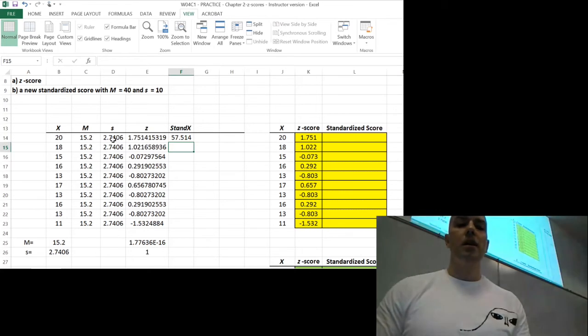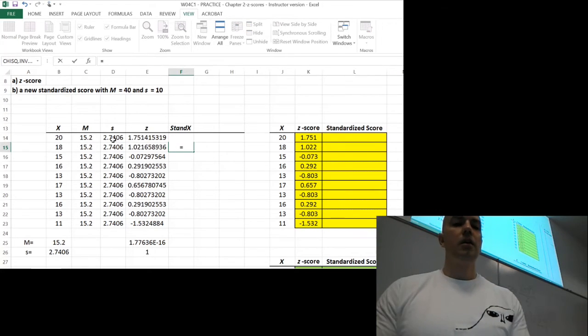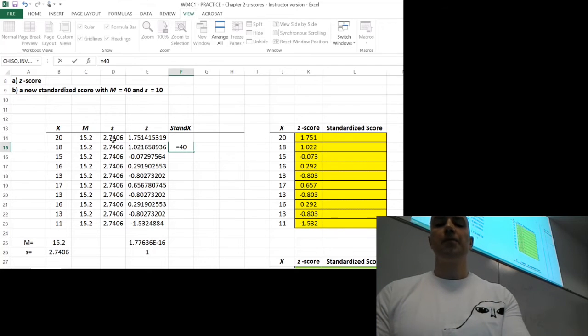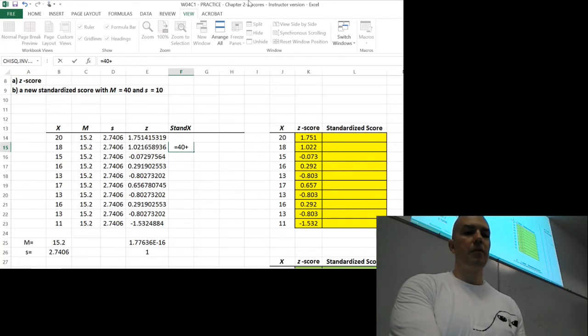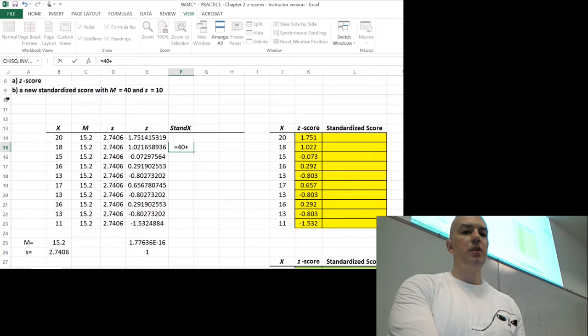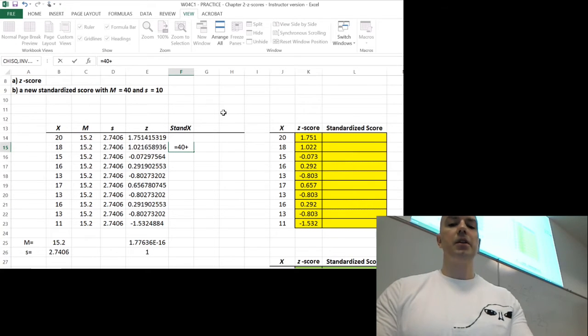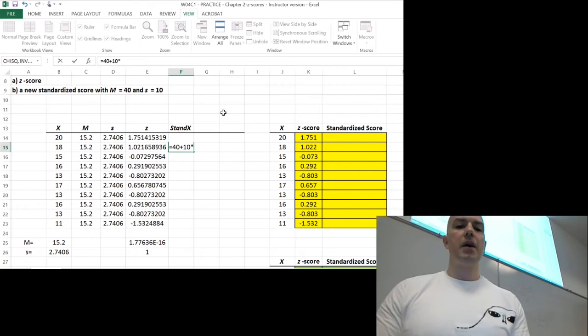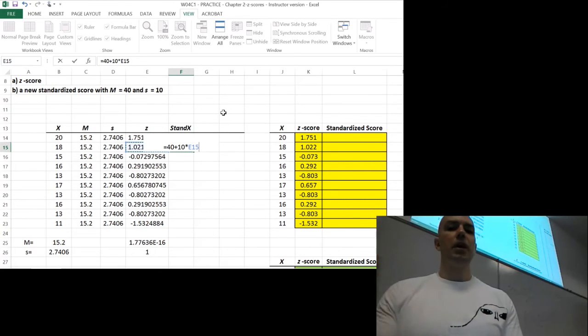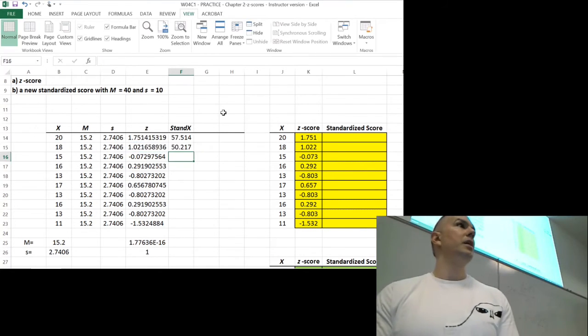So once again, we get the new mean, which is 40, from up here, plus the new standard deviation, which is 10, all multiplied by the z-score that we had just calculated, and then we hit enter.